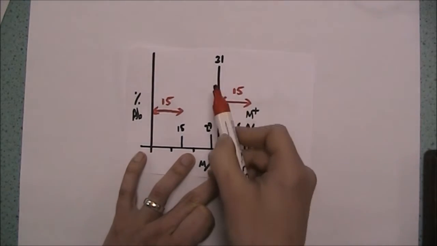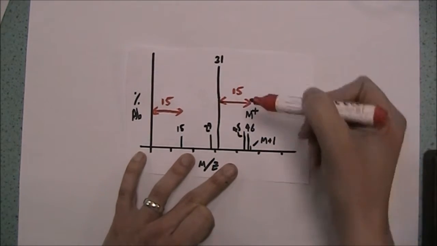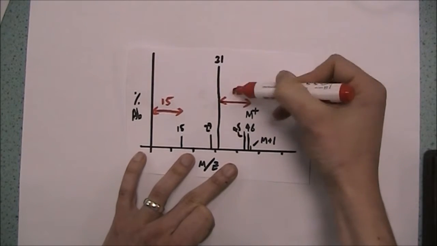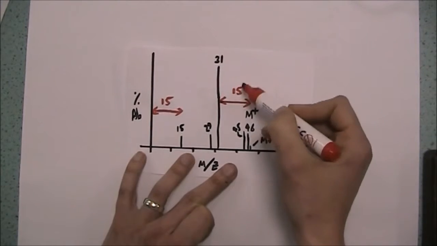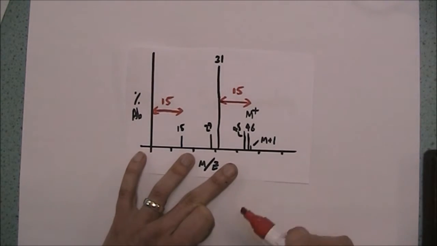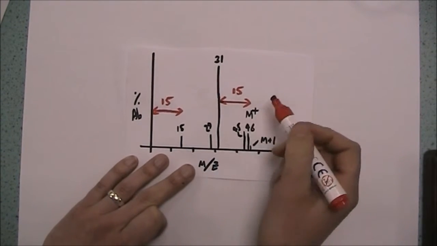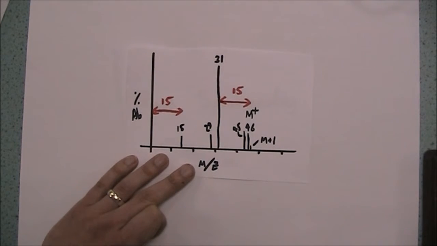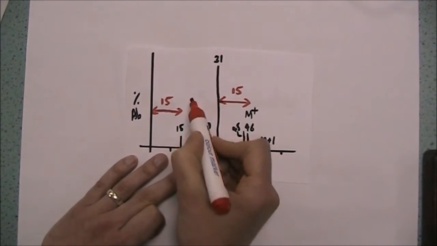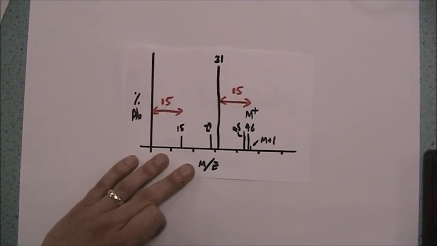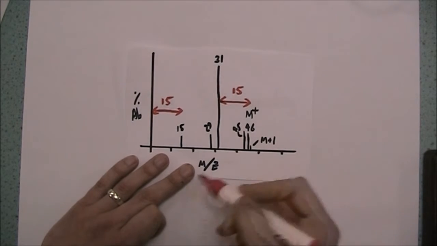So this peak here is most likely due to the loss of 15 atomic mass units, or therefore a methyl group. We can do that as well if we go another 14 down. If we had a peak 14 further down, then that would be another CH2 as well. So if we had a total gap of 29, that would be a CH3 and a CH2. That would be an ethyl group that would be missing.